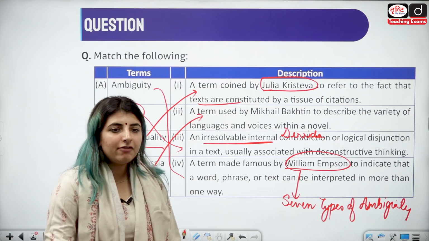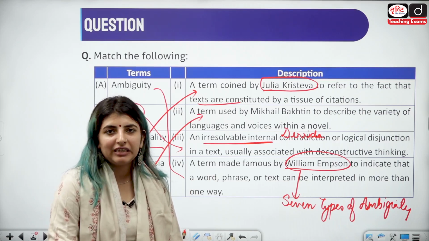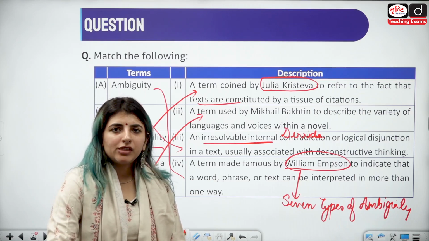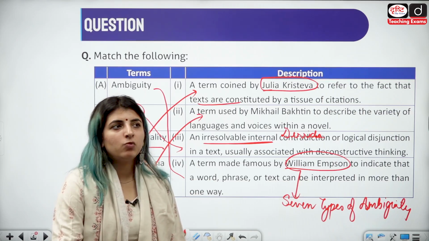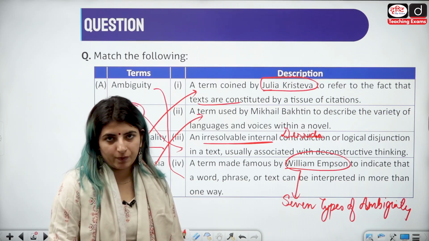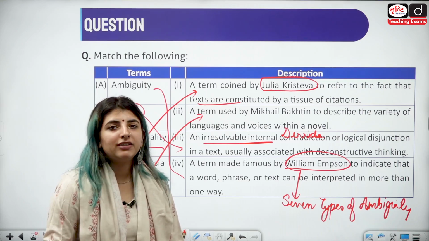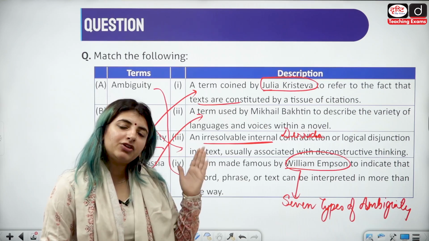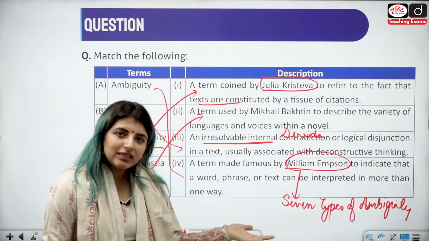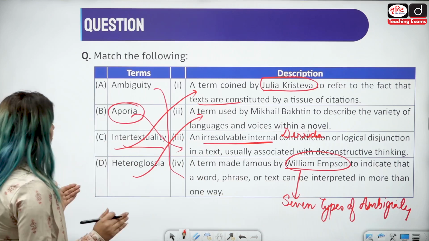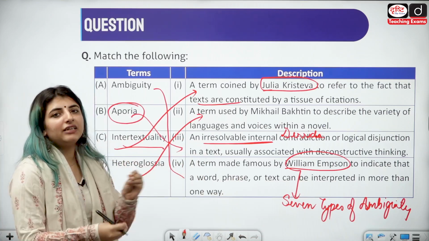If you say that I have written a book in the year 2023, you would have been influenced by multiple writers, you would have read some works, etc., which would have influenced you. So that is what she says, that something new is not always delivered, but it is something which has already been written. It is cited in the past. That is intertextuality, that every text is interrelated.